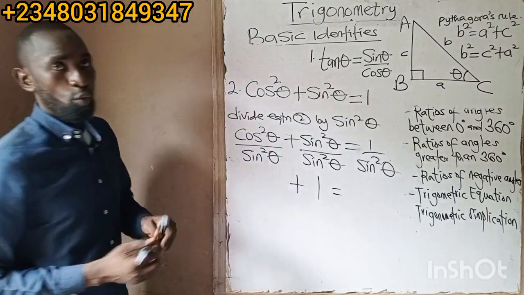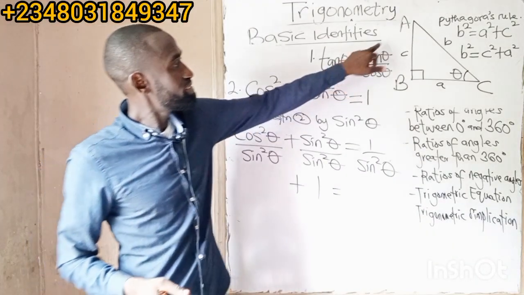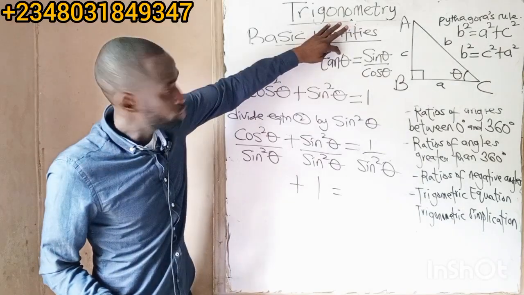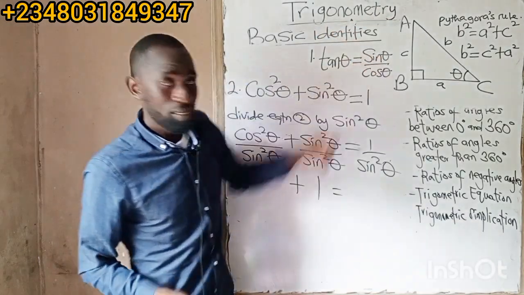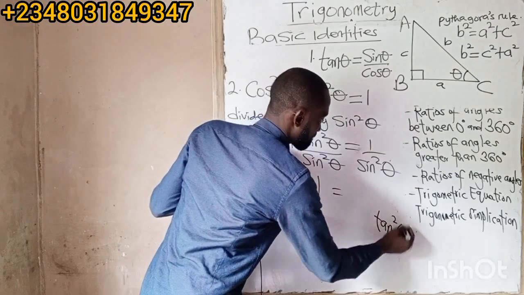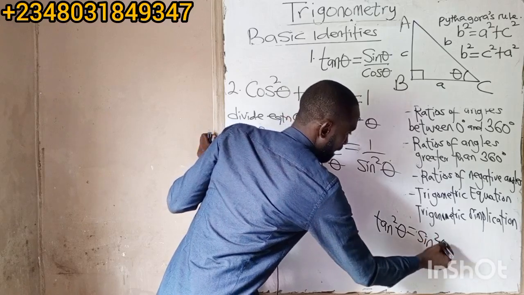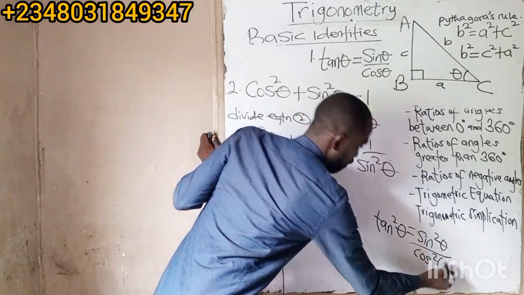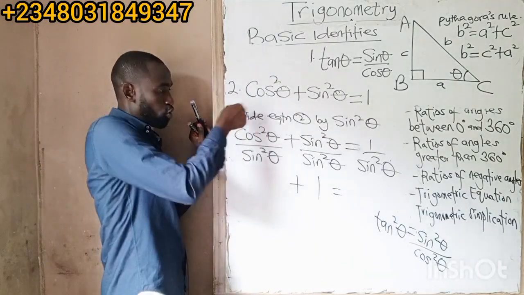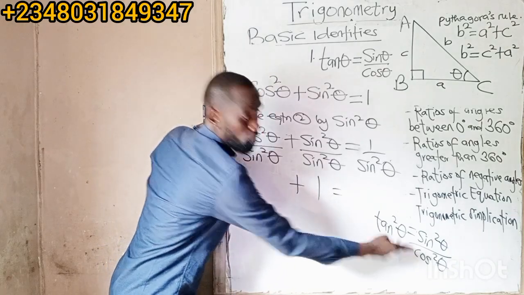Look at this. We know that tan theta is sine over cos. If I now put square here, this will become squared. So our tan square theta must give us sin square theta all over cos square theta. That's a fact. But in this case, I'm having cos on top, sine down, which is the inverse of this.